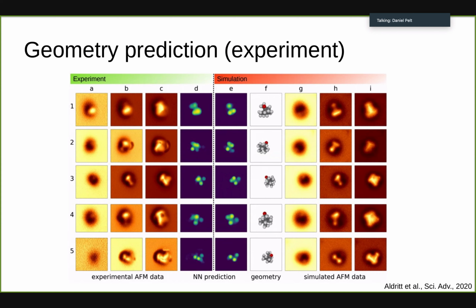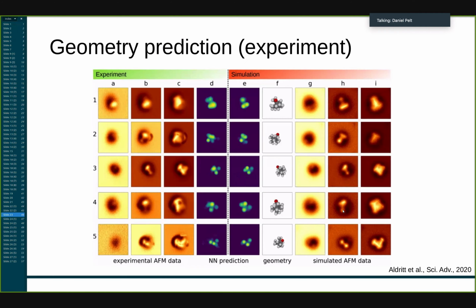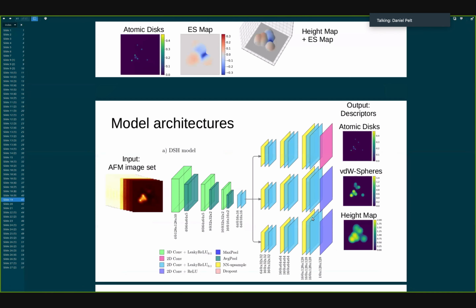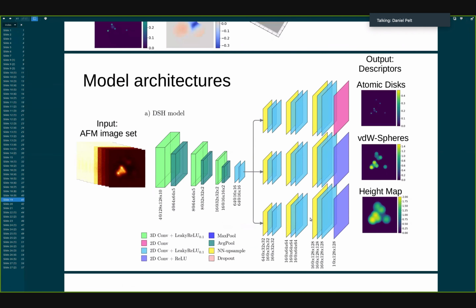One question I do have: is there a reason why you chose to ask the network to output both the disks and the spheres and the height map at the same time, instead of just picking one or having separate networks outputting each thing separately? Yeah. In my early experiments, I did have individual networks for each one of these.